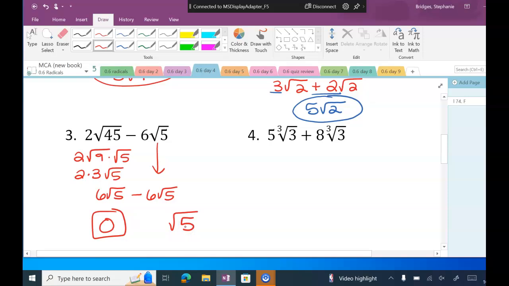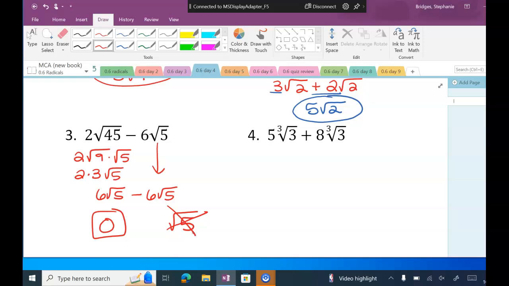You just told me that 6 minus 6 was 0, but if I put the square root of 5, that says that it is 1, right? So make sure that when you do something like this, if they subtract and give you 0, you do not put the radical on it, because then that would give you 1 square root of 5. Now, if you put 0 square root of 5, yes, that's technically correct, but you can also just put 0. Everybody okay with that one?